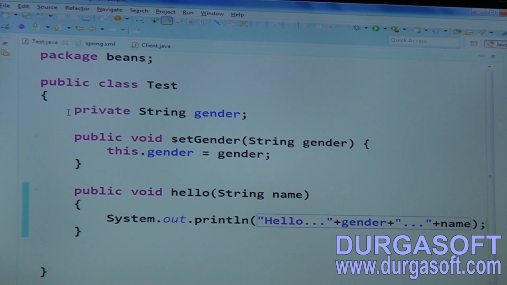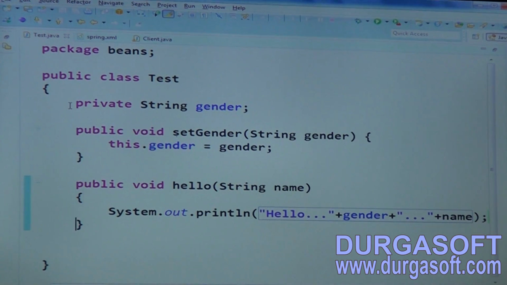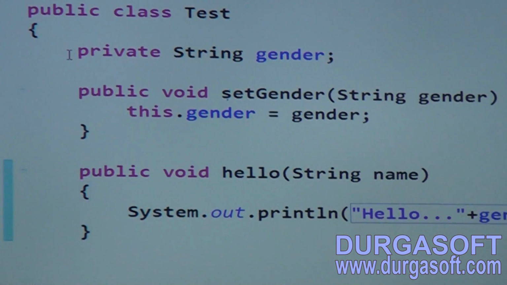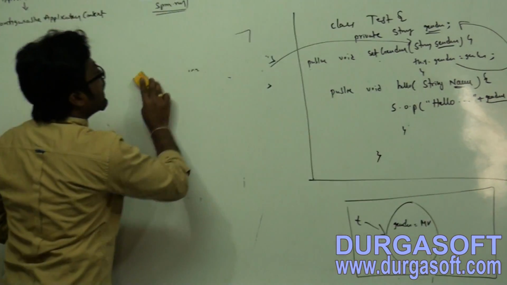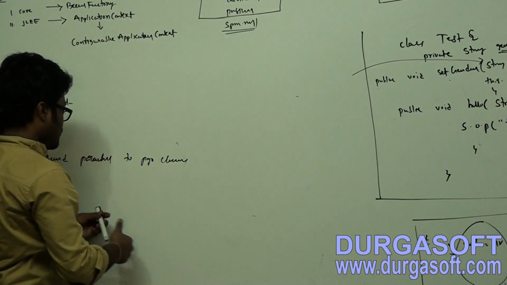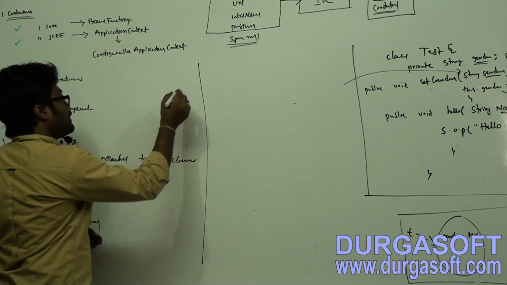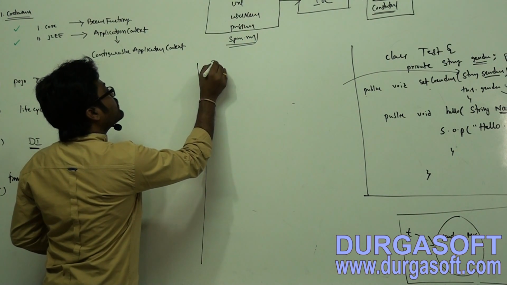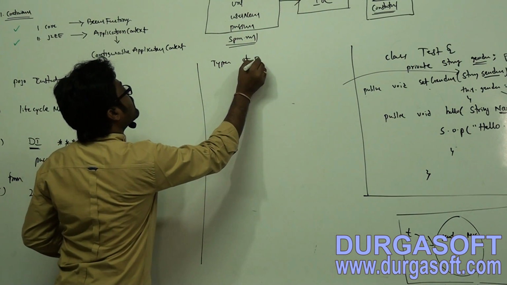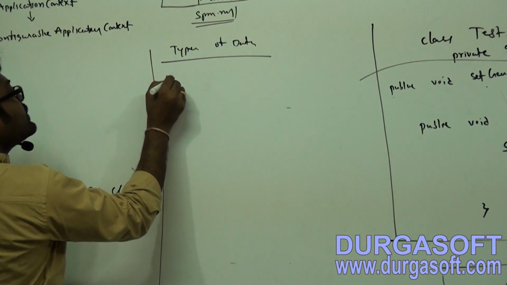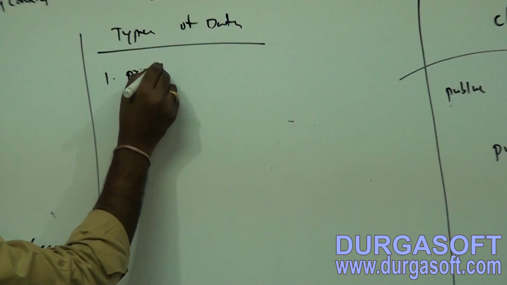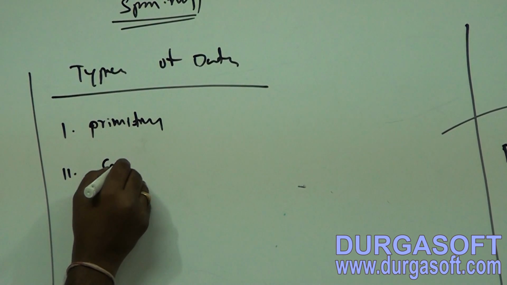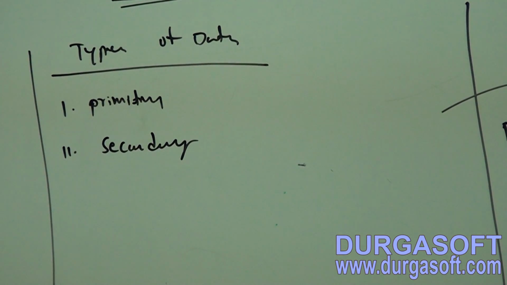By using this dependency injection, we can inject any type of data into your bean classes. So which types of data can we inject? Any type of data. How many types do we have? What are those? Types of data: one is primitive and one is secondary, right?